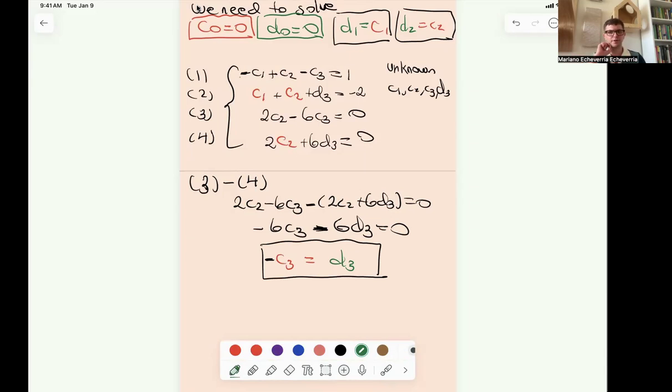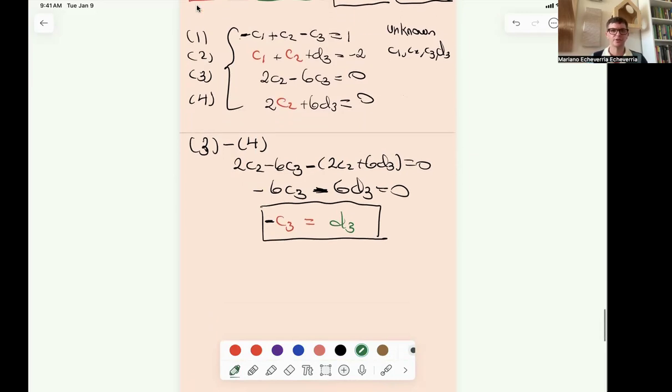Okay, so that's another important piece of information. That way you can keep the first three equations using that information.